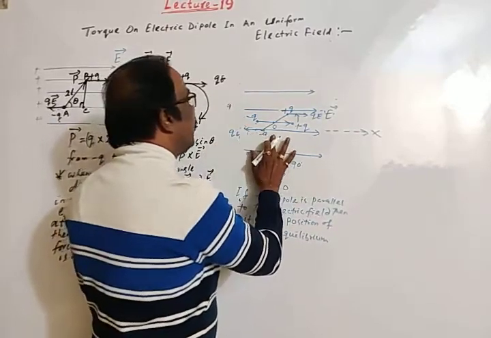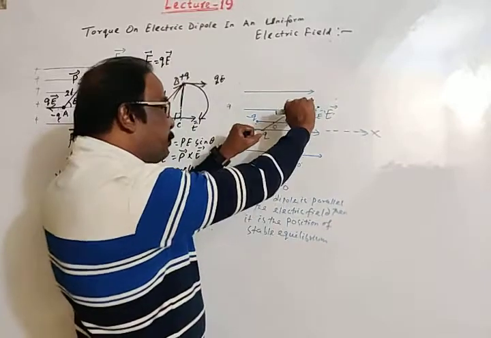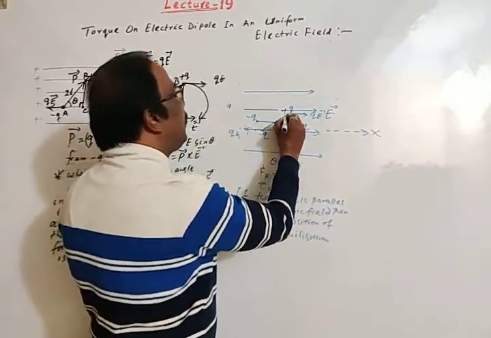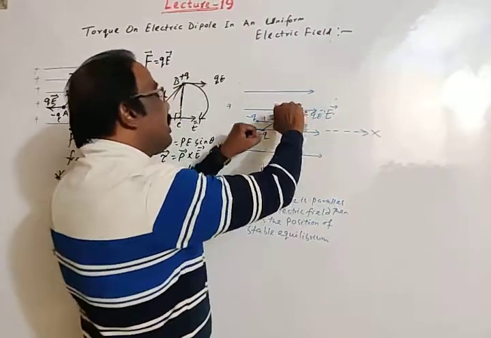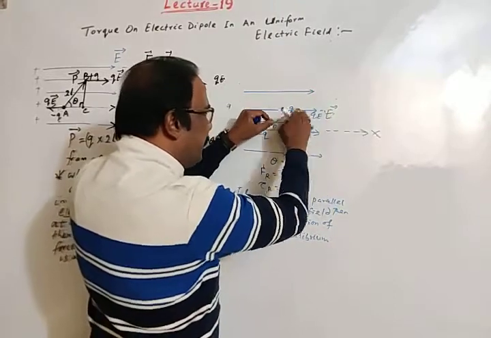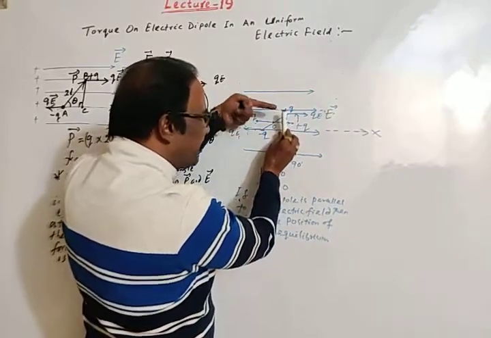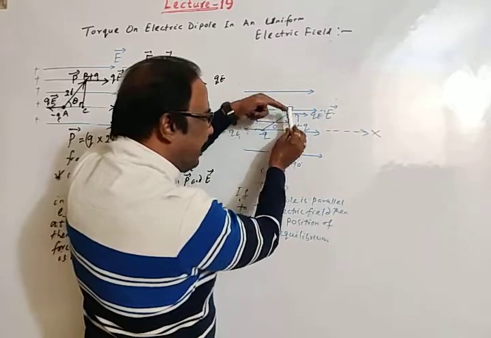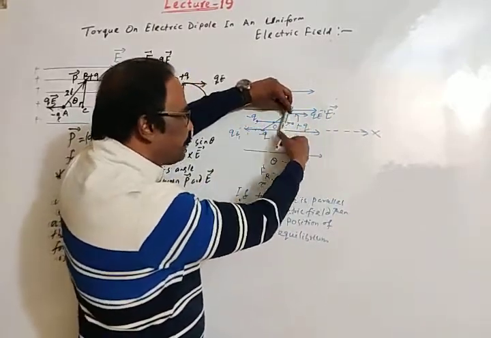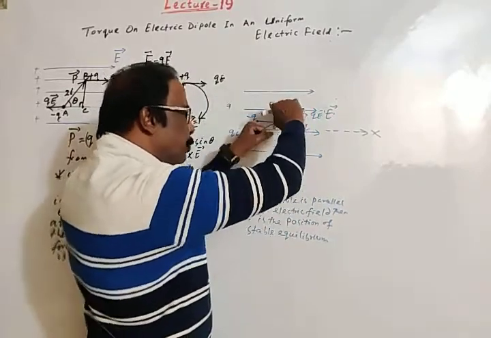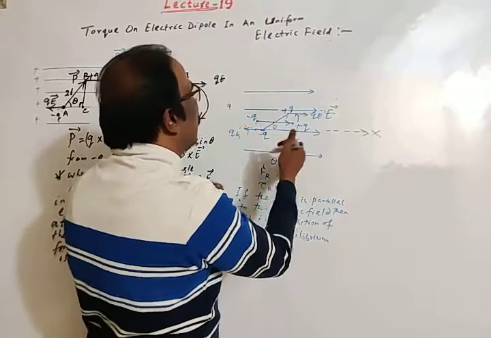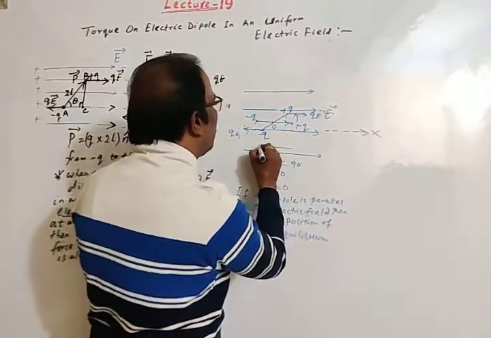These two forces are equal and opposite. This is the perpendicular distance, as we have discussed. This qE will tend to rotate in clockwise order. This is also qE at a perpendicular distance, and it will also rotate in clockwise order. So these two forces will rotate the dipole in clockwise order.